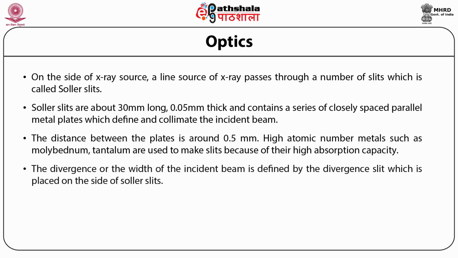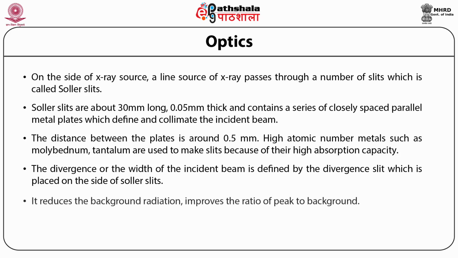The divergence or the width of the incident beam is defined by the divergence slit, which is placed on the side of the solar slits. After being diffracted by the specimen, the beam passes through another set of slits, which is known as anti-scatter slits. It reduces the background radiation and improves the ratio of peak to background.